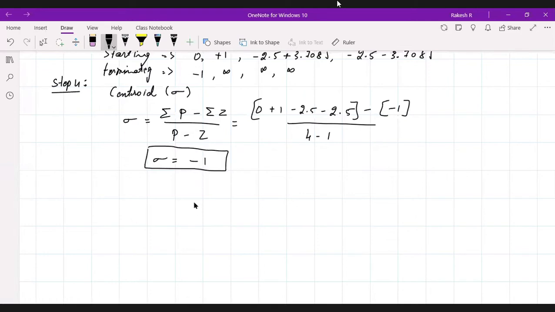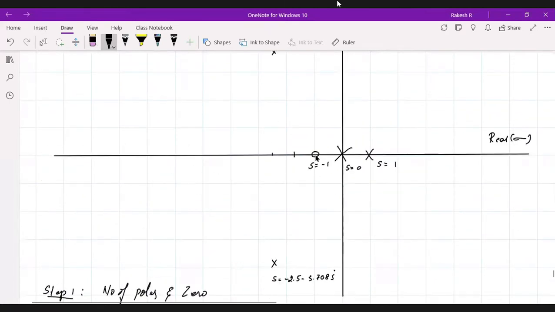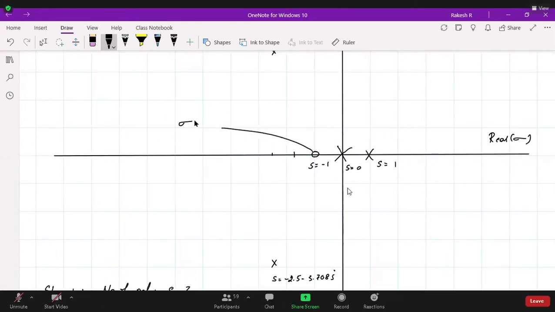Centroid is minus 1 here, right? So I shall mark the centroid here. We'll mark this side. Centroid is minus 1 here.